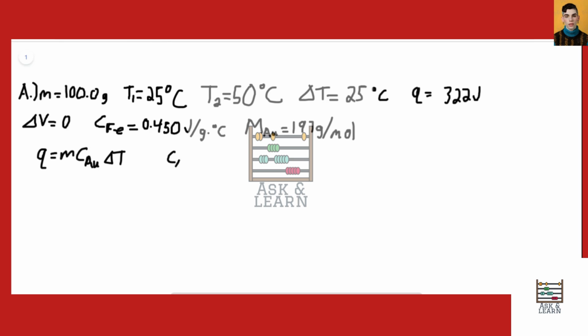So let's solve. C of Au is equal to Q over m delta T, which is equal to 322 divided by 100 times 25.